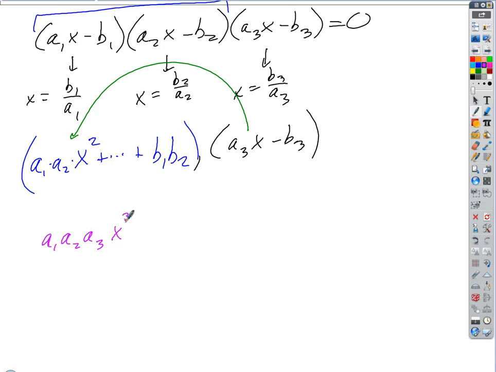Right? Everybody agree? When we distribute this to the other terms, we're just going to get some lower powers of x that we don't care about. When we distribute the negative b3 all the way through, and we distribute it to the first or the second terms, we're just going to get lower powers of x, less than x cubed, so we don't care about those. But our constant is going to end up being what?